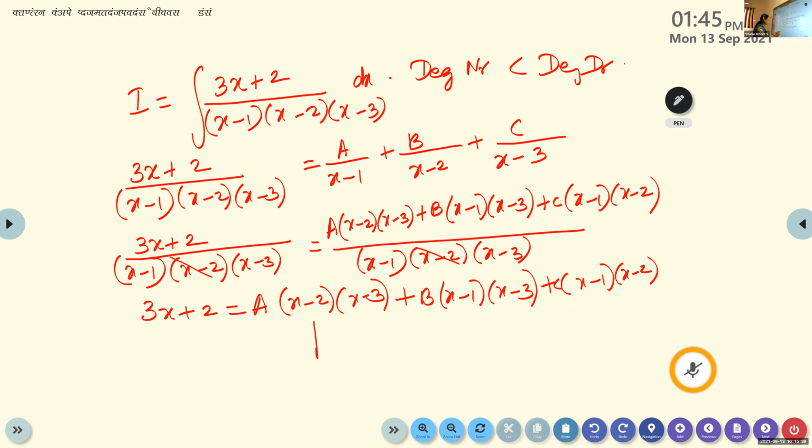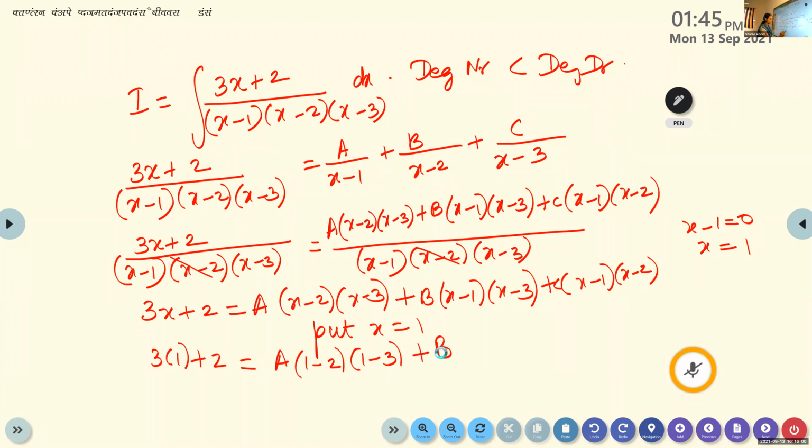So what I am going to do is put x is equal to 1. Why? x minus 1 should become 0, which means the x value is 1. So when you put x is equal to 1 here, you will get 3 into 1 plus 2 is equal to A into (1 minus 2)(1 minus 3) plus B into (1 minus 1), which will become 0, plus C into 0.